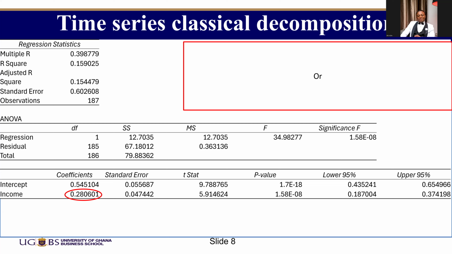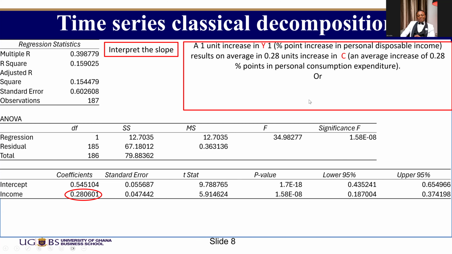So it is an interesting result, and it helps you to know that for this particular sample, that's exactly what you are going to get. Now, the interpretation I just gave you is what you have here. A unit increase in income results on average in 0.28 increase in consumption.